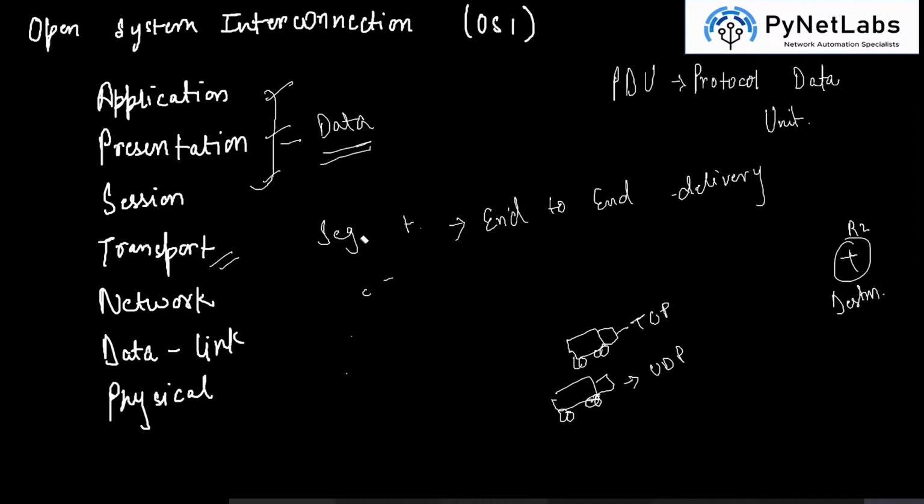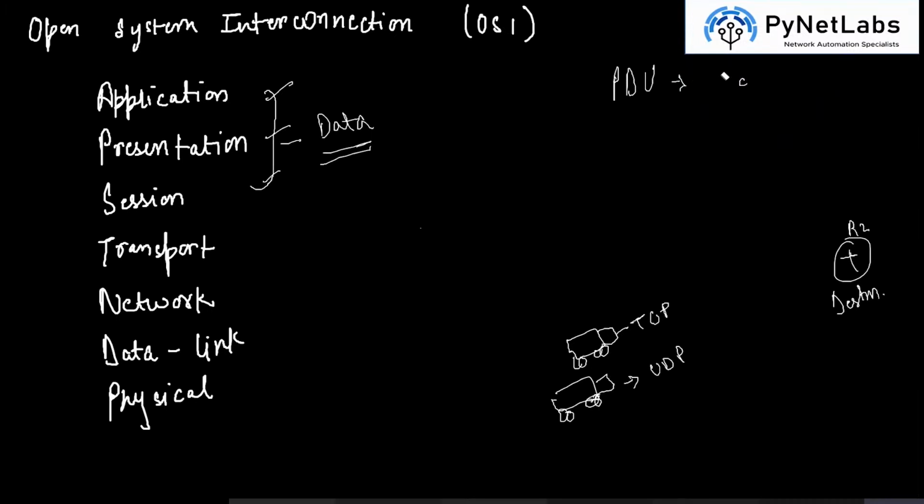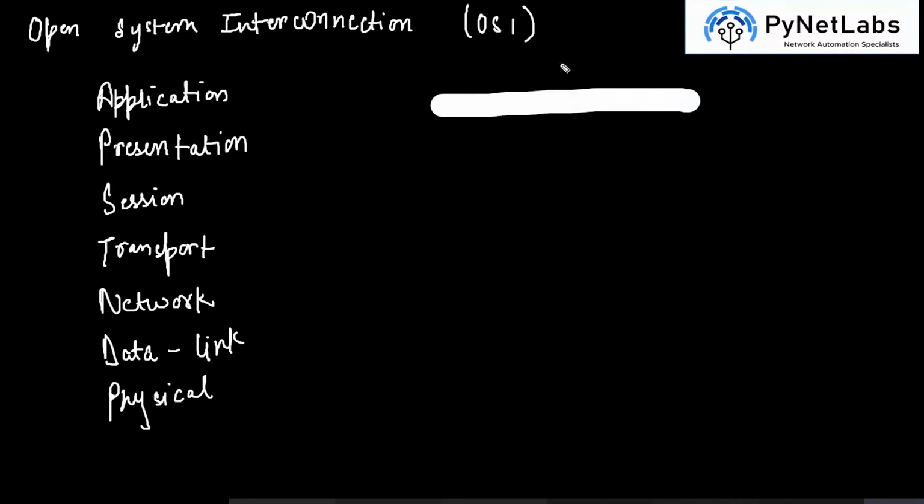These are the two available transportation types at the transport layer, and the transport layer takes care of end-to-end delivery. And what is data known as at the transport layer? Data is known as a segment. Now we will understand the difference between TCP and UDP.